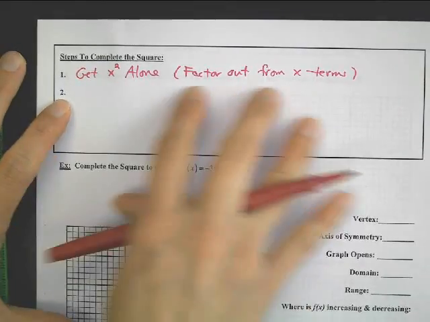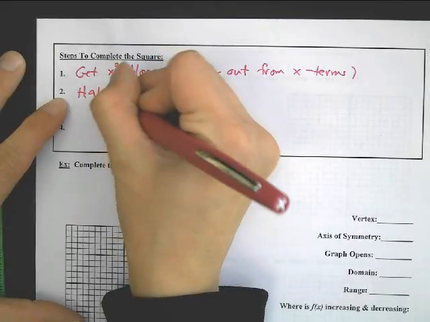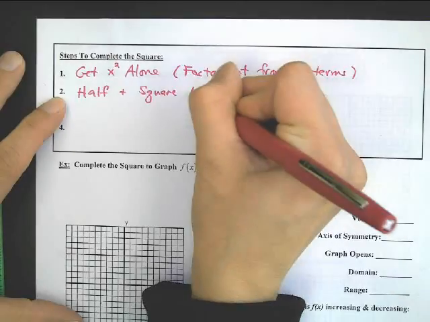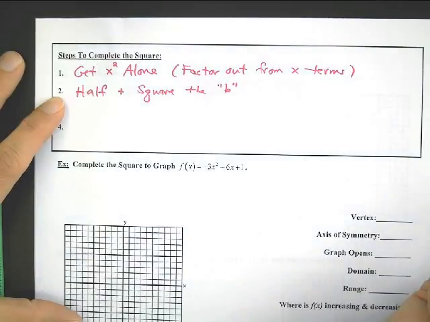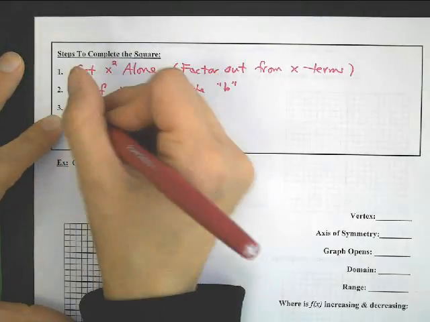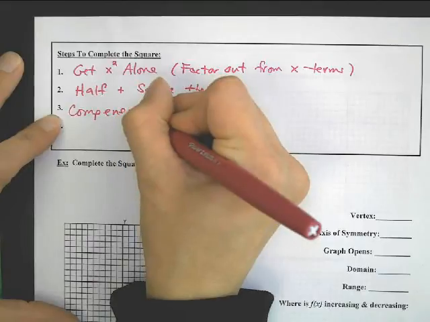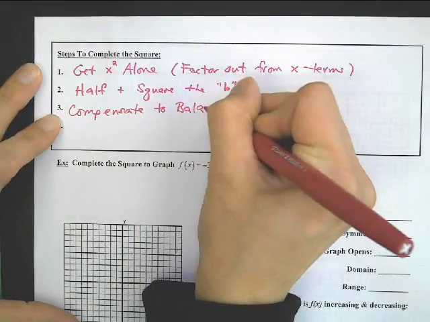Okay, the second step, once you got the x squared alone, is you half and square the b value. Half and square the b. And then you have to compensate to balance things out.